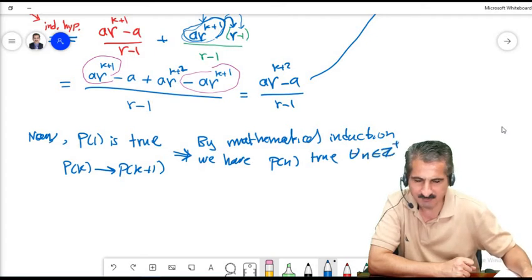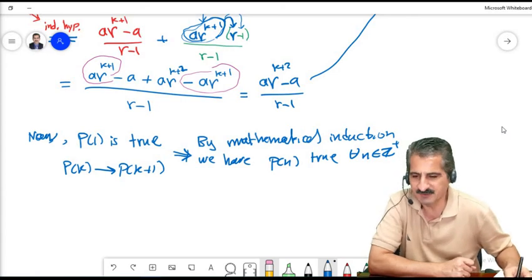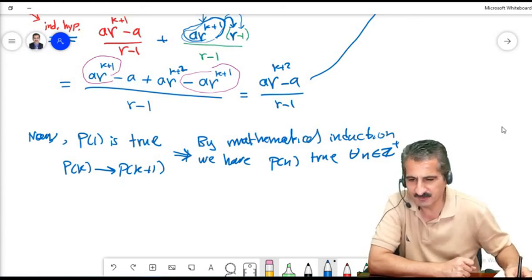And remember, P of n, what is P of n? The summation of the geometric progression.